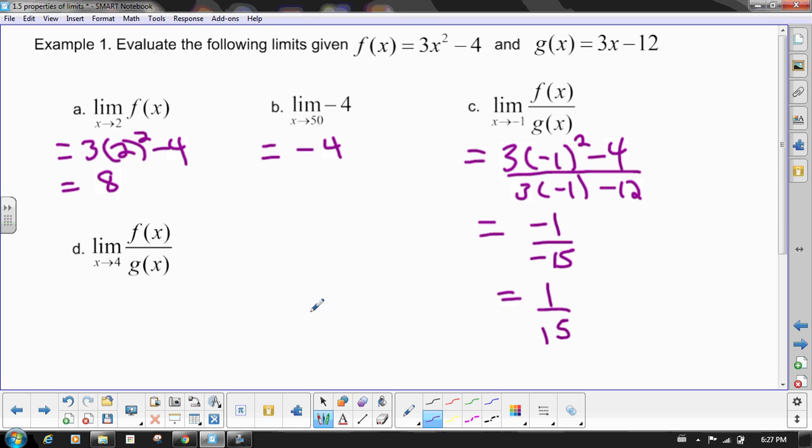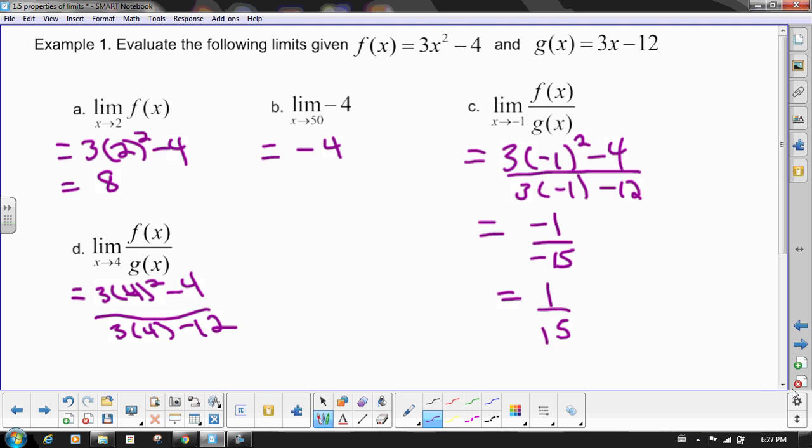So in our first 3 examples, all of the limits existed. But now here, if you'll notice, when we substitute in, we're going to have 3 multiplied by 4 squared minus 4 all over 3 multiplied by 4 minus 12.